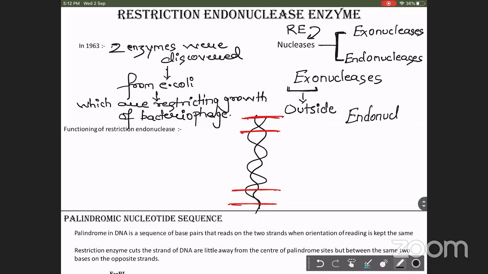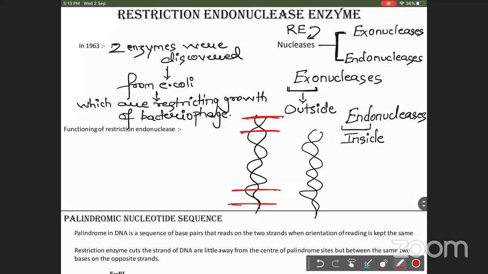here endo means the inside. So if this is the DNA molecule, what will happen? Endonucleases are the nucleases which will cut the DNA into fragments, but not at the end points.